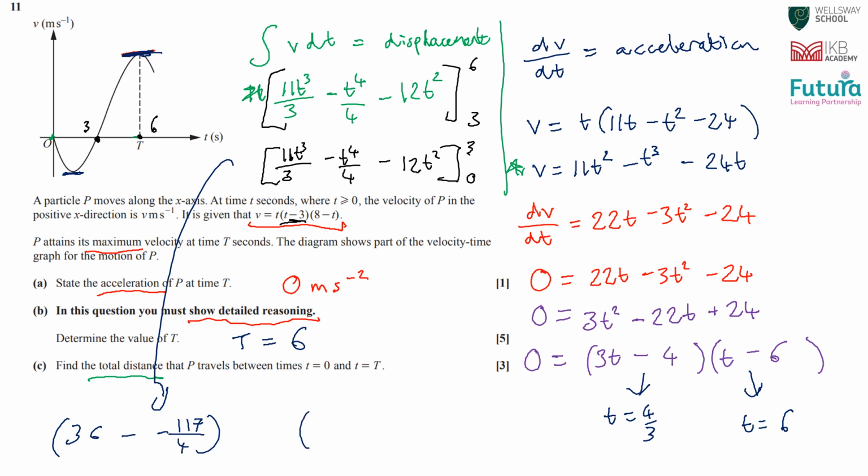Then after that, we're going to integrate between 3 and 0. So when we substitute in 3, we get minus 117 over 4. When we substitute in 0, we get 0. So then we're going to work out both areas and then add them together.